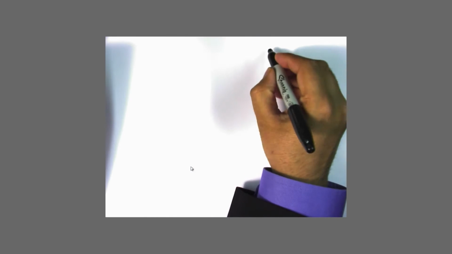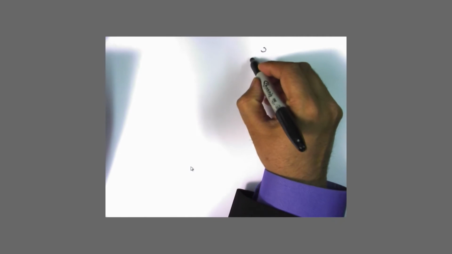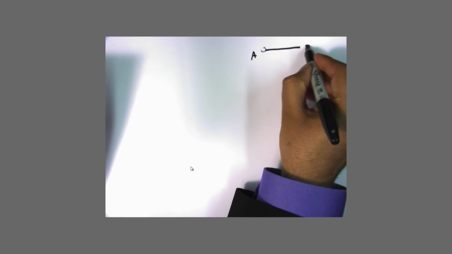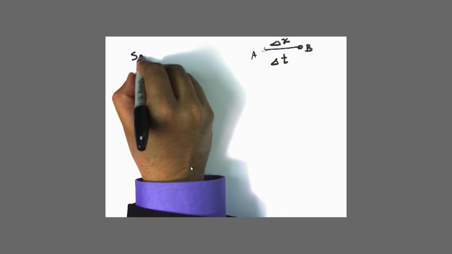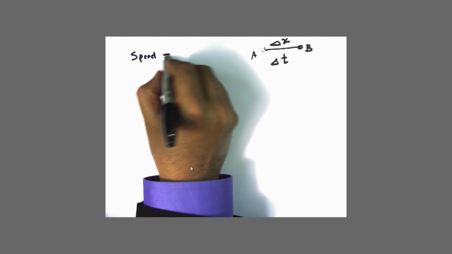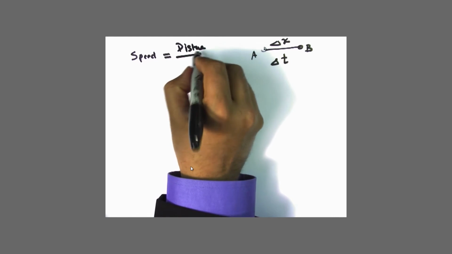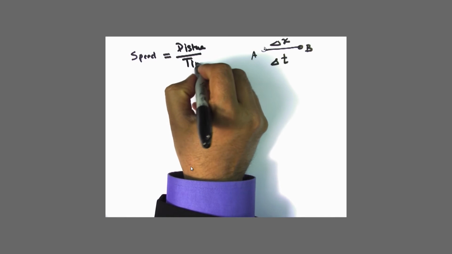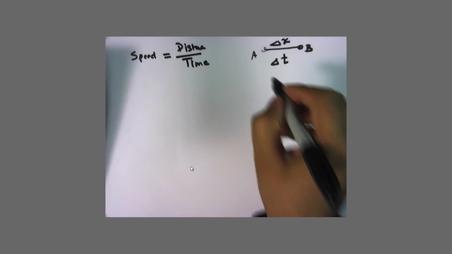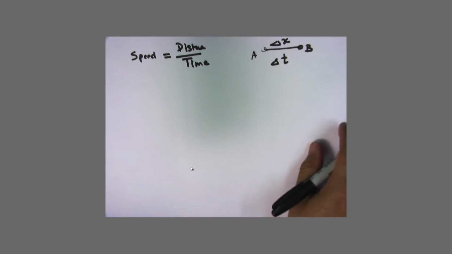If you look at a point A and you go to point B, and let us say this is a distance delta x, which was covered in time delta t, then you can come up with the speed. Number 1 is speed is equal to distance over time. And this is irrespective of the direction, which direction you go, it does not matter.